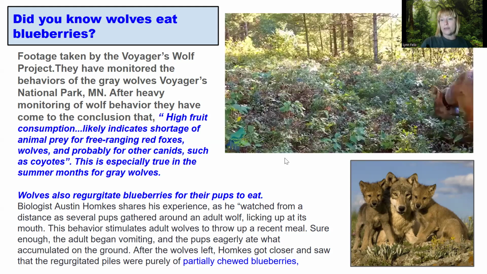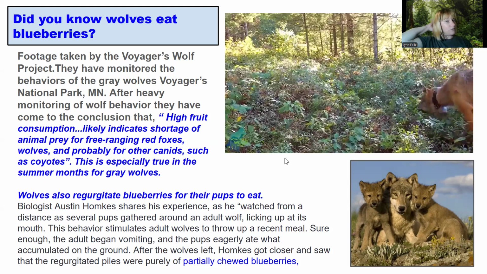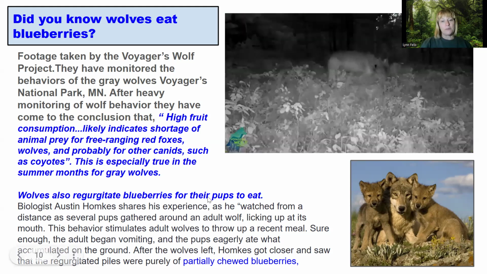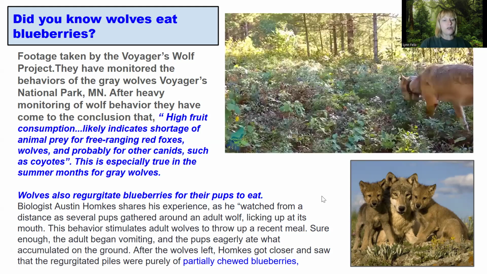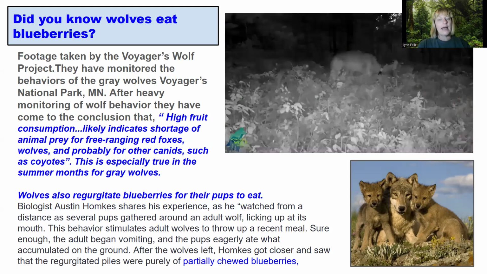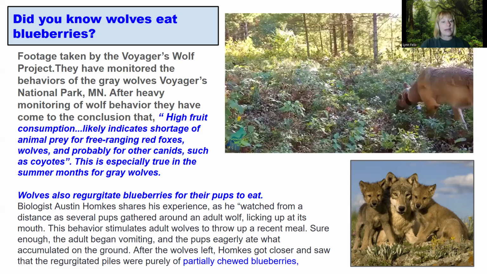So if we're out here in the wild and we see gray wolves foraging on blueberries, it's probably because they're using it as a food source. So believe it or not, wolves also regurgitate blueberries for their pups to eat. So biologist Austin Homyack shares his experience, and I put the quote in there for you guys. He watched from a distance as several pups gathered around an adult wolf, licking up at its mouth.